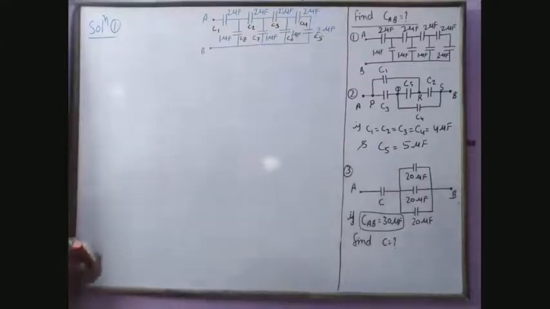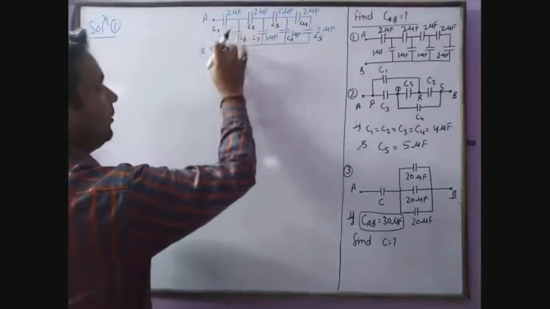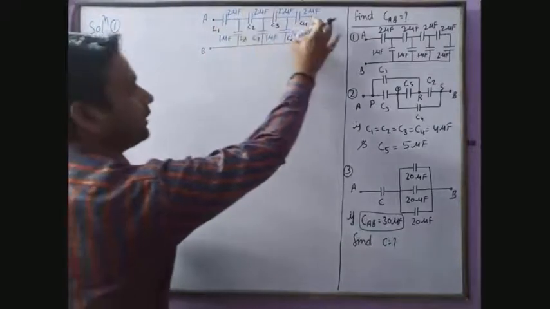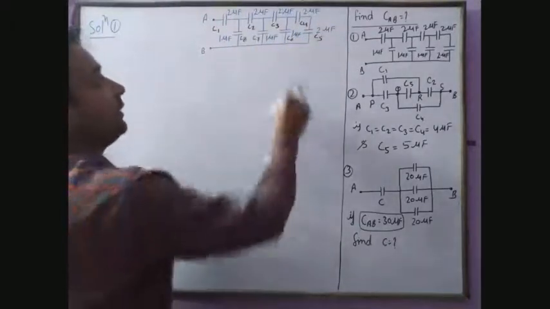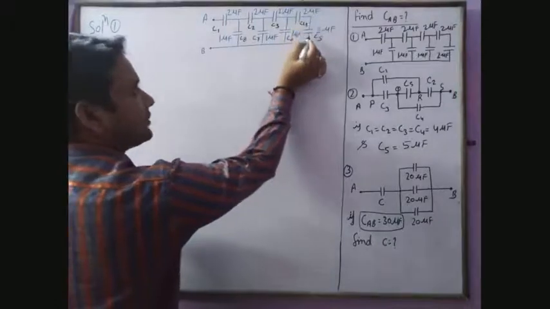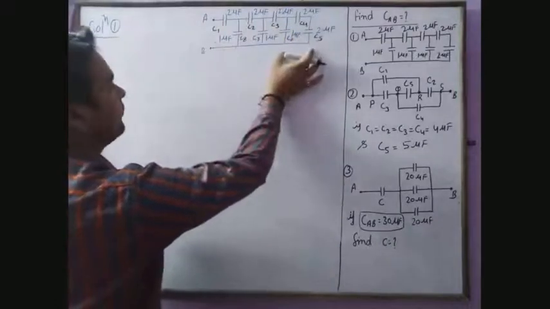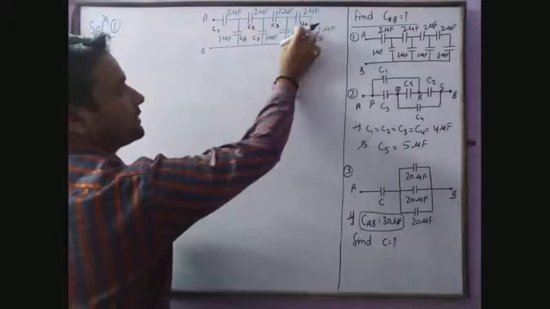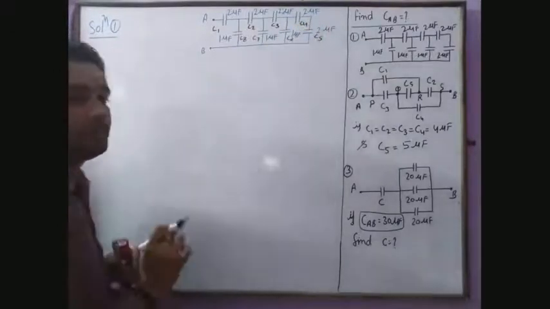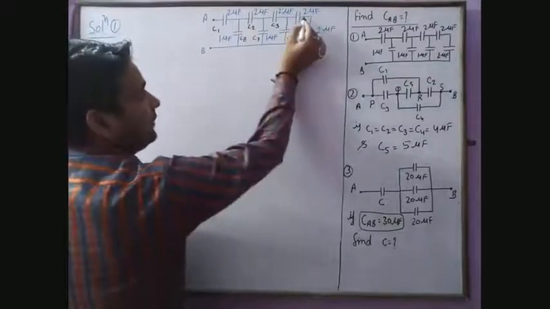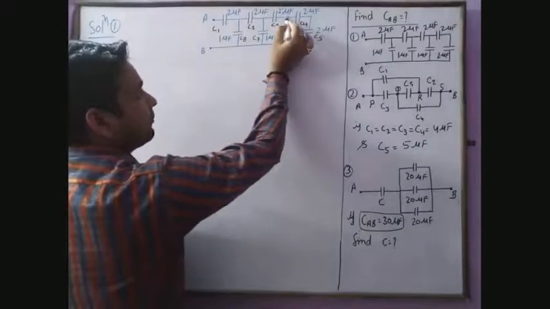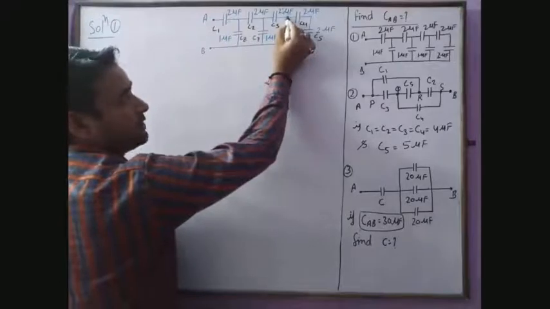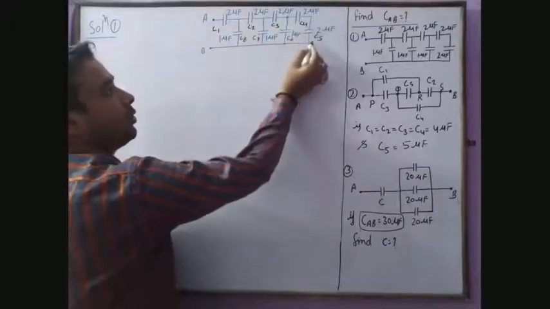Okay, now if I start from here, you will observe that the whole network is disturbed. Therefore from the last of the given network we will start to solve, first C4 and C5. Here, between this point and this point there is only a turning.